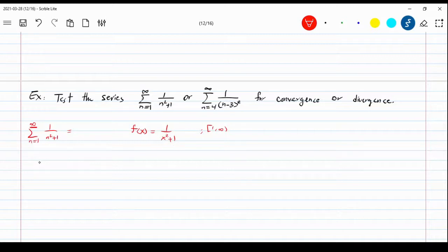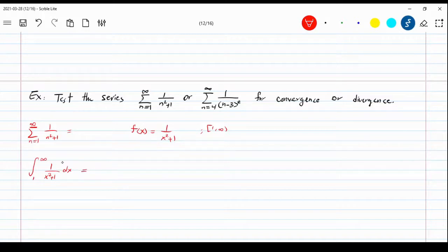Then I can compare it and say, let's calculate the integral test from 1 to infinity, 1 over x squared plus 1 dx. Remember that those restrictions have to apply. Otherwise, you cannot use the integral test.